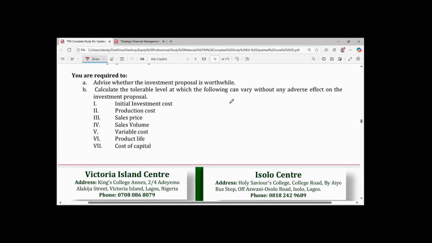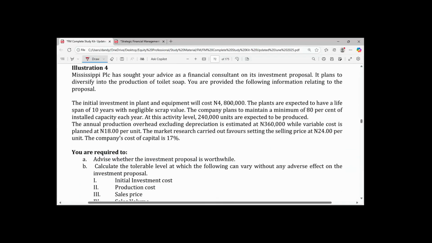Yes, this illustration number 4 relates to sensitivity analysis. So I will read for you. Okay. Mississippi PLC has sought your advice as a financial consultant on its investment proposal. It plans to diversify into the production of toilet soap.